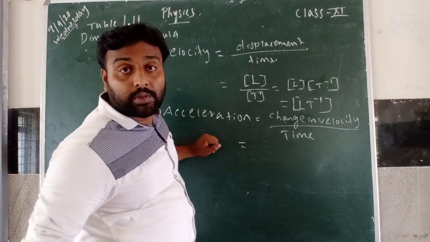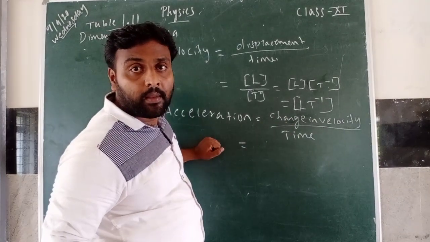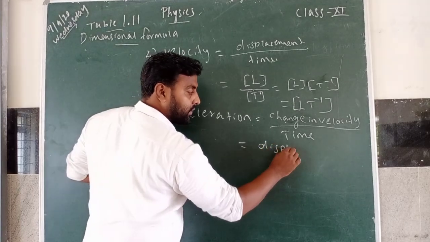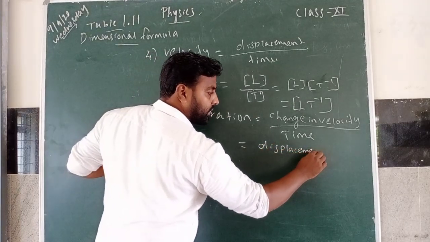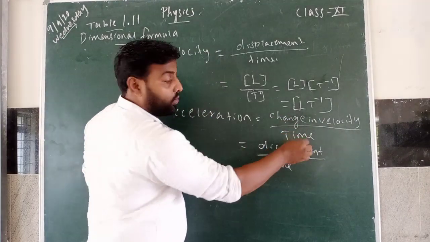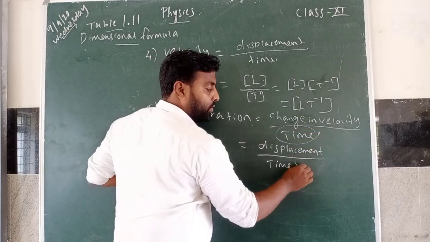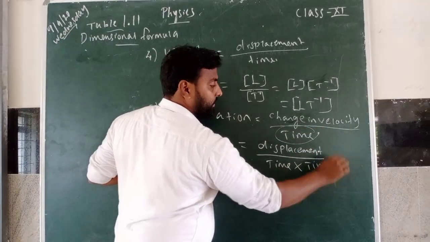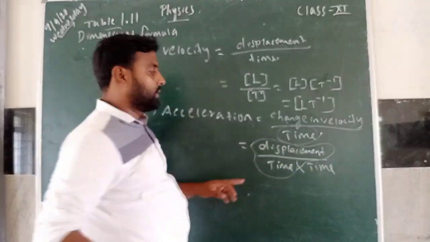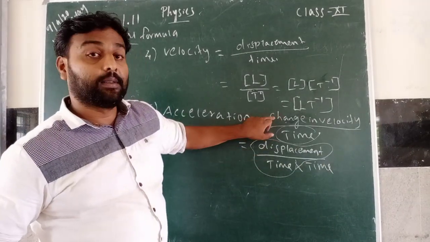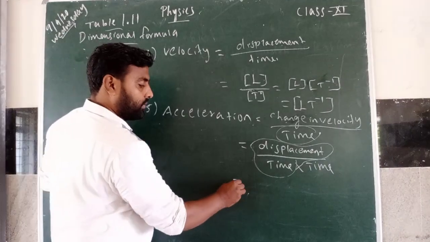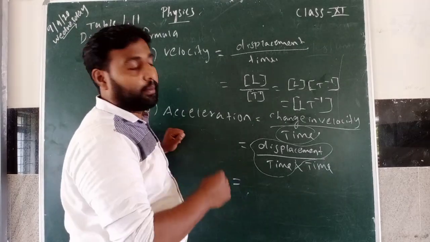What is the expression used for change in velocity? Displacement by time. Here one time is already there, into time. Now use the dimensions.